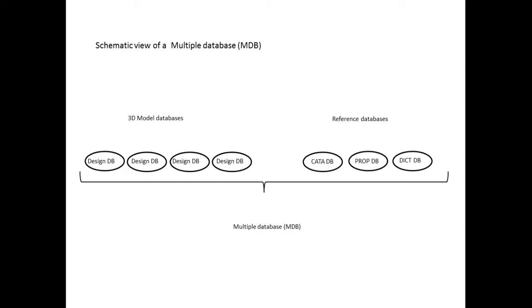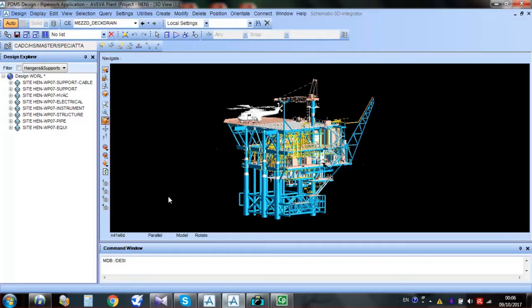As you see in this slide, 3D model databases and reference databases come together and appear in the selection tree. I mean that you can see design type databases in the selection tree of the design module and cata type databases in the catalog explorer of the Paragon module, and so on.